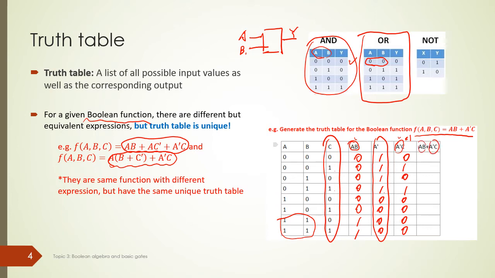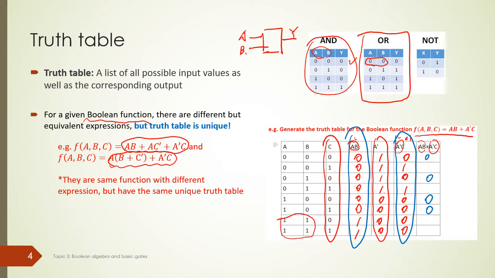So maybe I'll change the color. This time we need to look at these two columns to see when both these columns show 0. So we've got here, and we need to put 0 here. 0, 0, 0, 0, 0, 0, 0, 0, 0.